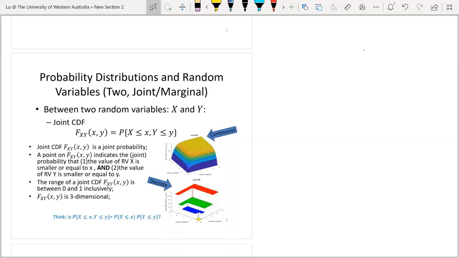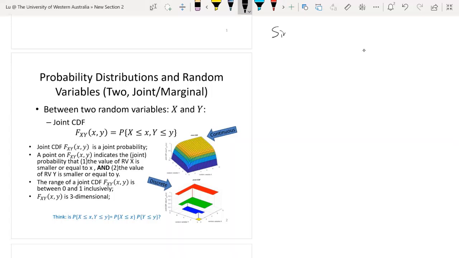The definition of the joint CDF also remains similar to the single random variable case. Last week we introduced, for a single random variable X for example, its CDF, the cumulative distribution function, is defined as the probability that the value of this random variable is smaller or equal to the lower x.